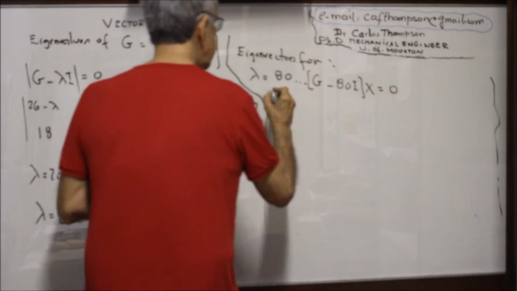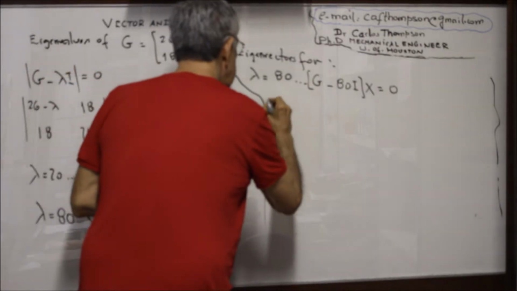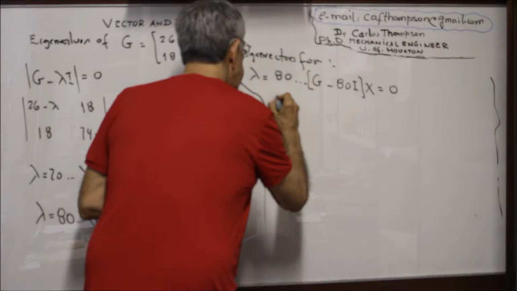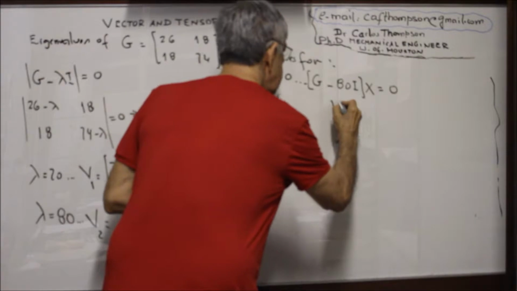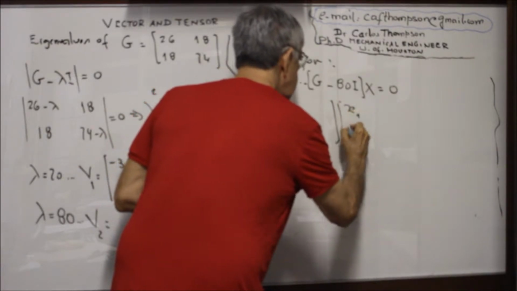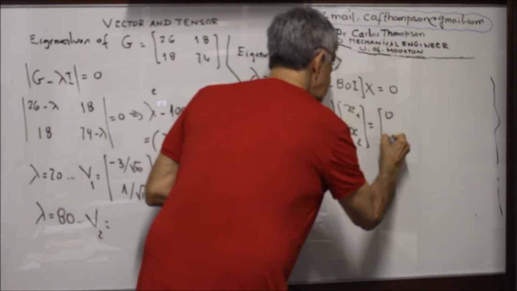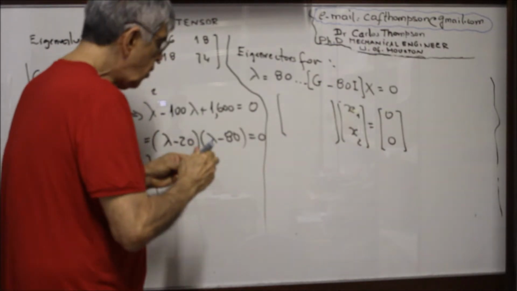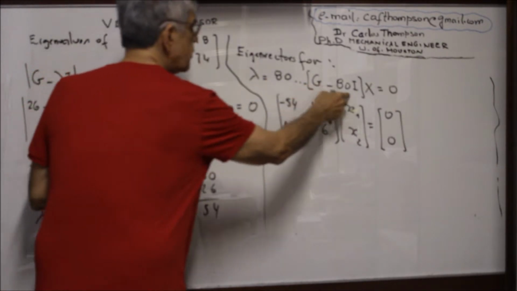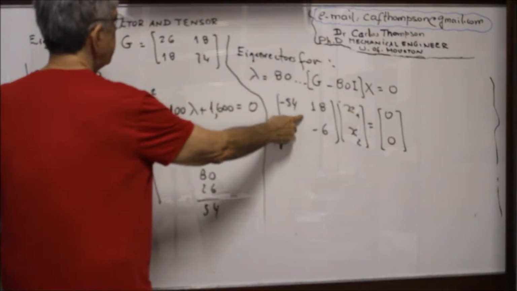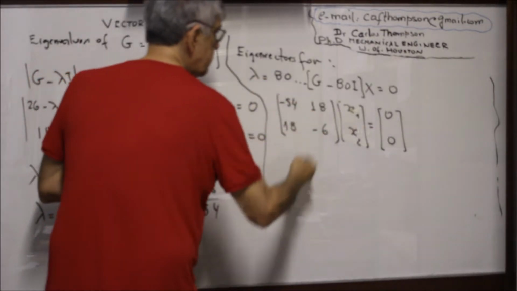Let's put it over here: G minus 80 I times (x1, x2) is equal to (0, 0). So G minus 80 I: 26 minus 80 is minus 54, 18, 18, and 74 minus 80 is minus 6.